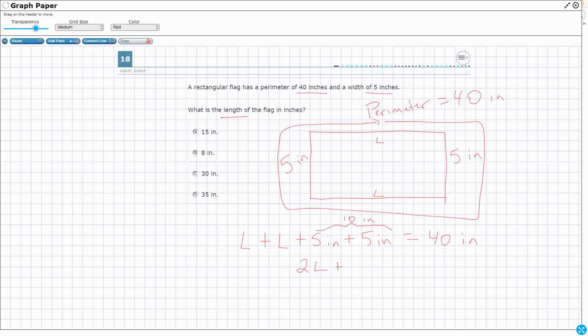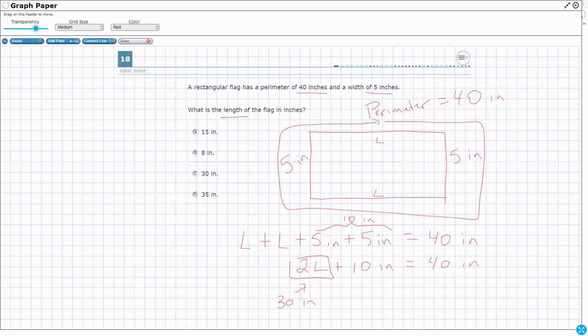That's 10 inches. So this 2L plus this 10 inches is going to equal 40 inches. Well, how far away is that 10 inches from 40 inches? If I started at 10 and went up to 40, this would need to equal 30. So if I can make my 2L equal 30 inches, my 30 and my 10 make 40.